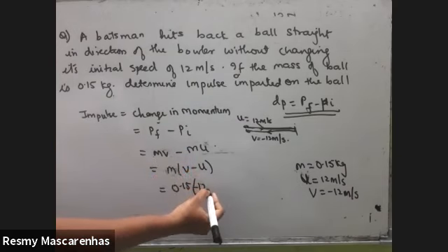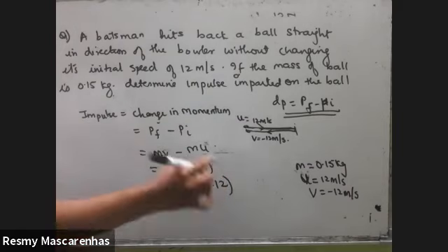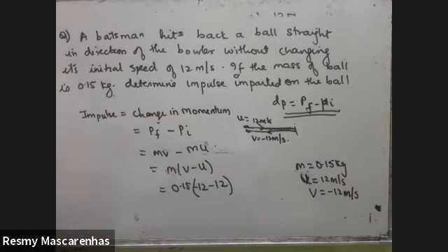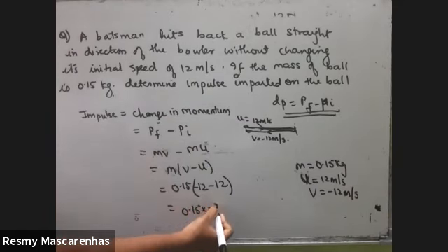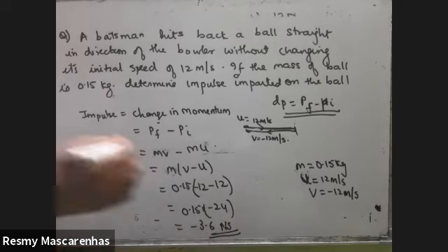This is minus 12 and again minus 12, will be 0.15 into minus 24 and then calculate. So that will turn out to be minus 3.6 Newton second impulse. Impulse unit is Newton second.